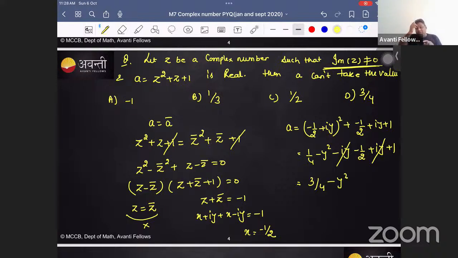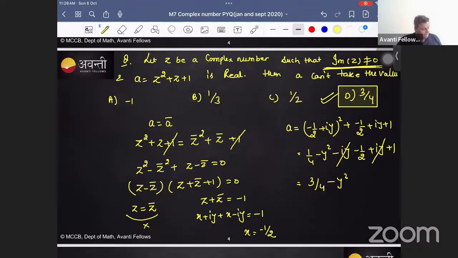Now see, the value of A will be 3 by 4 if y is 0. And according to the question, the imaginary part of Z is non-zero. That means the value of A can be anything except what? 3 by 4. So this is your correct answer. Got my point? And this is the answer which only one person marked.